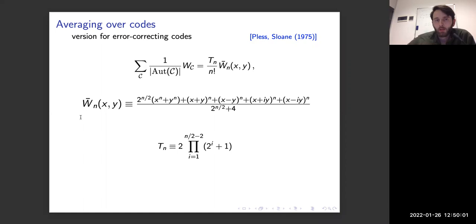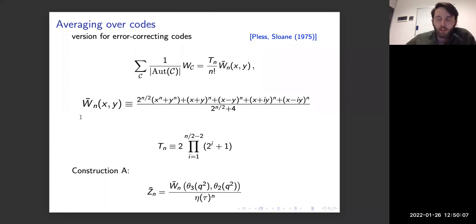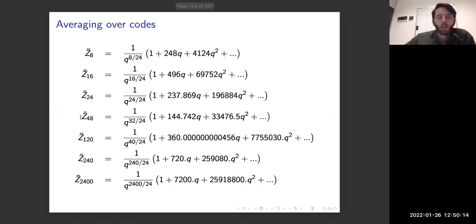So we've been playing around with this recently, and the first thing you might do is just look at some of these average partition functions and try to see what you can understand. So for instance, we can expand some of these things at small q. We should see some things that make sense. At c equals 8, there's only one code, the Hamming code.